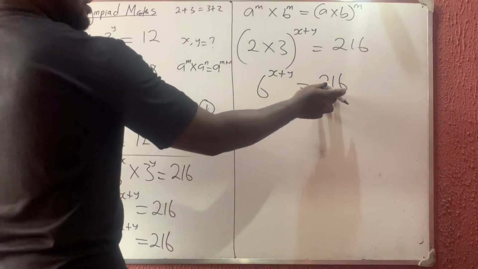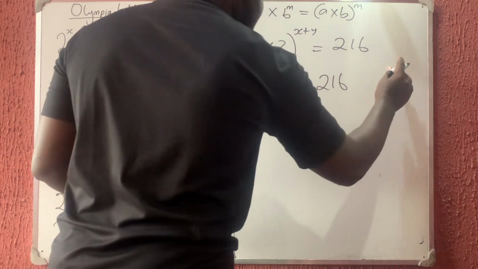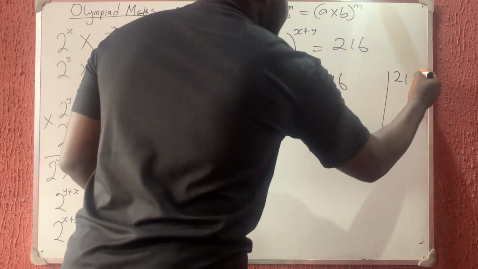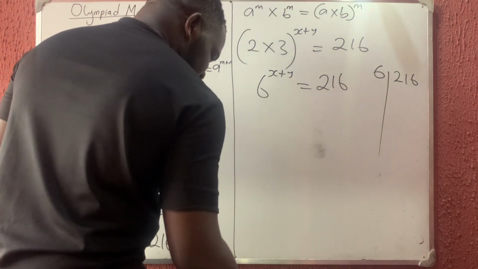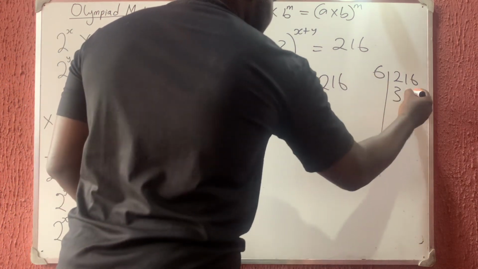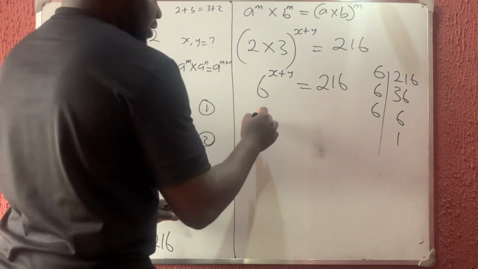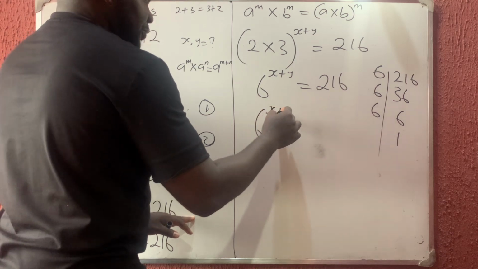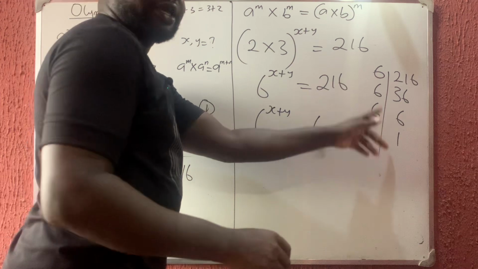Now let us break this down. By breaking this, I'm going to have 216 divided by 6, which gives 36. Then divided by 6 again, I have 6. Divided by 6 again, I have 1. So 6 raised to power x plus y is equal to 6 raised to power 3, since I'm dividing by 6 and they are 3 in number.